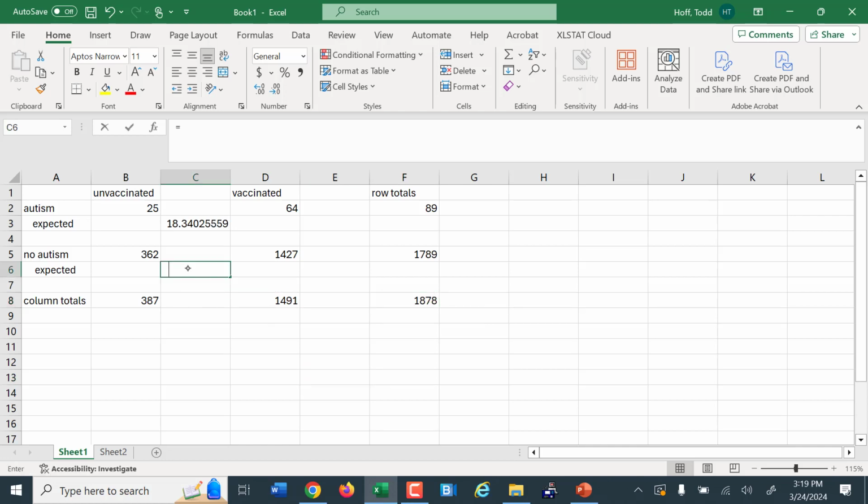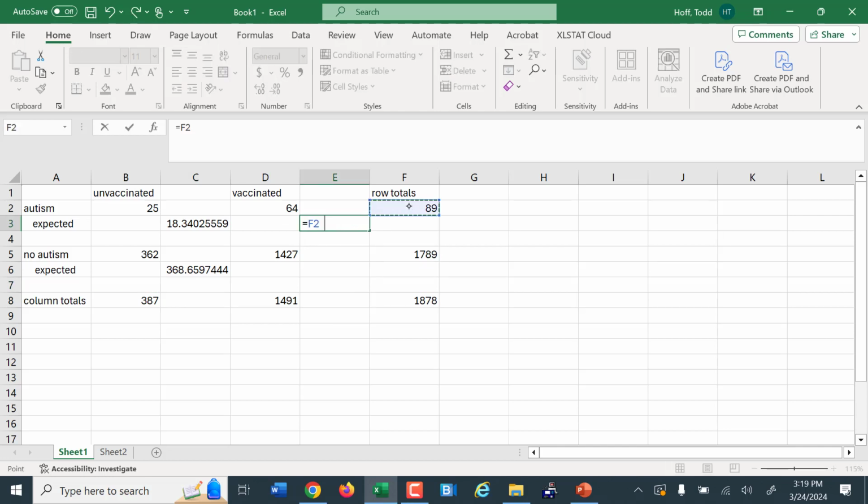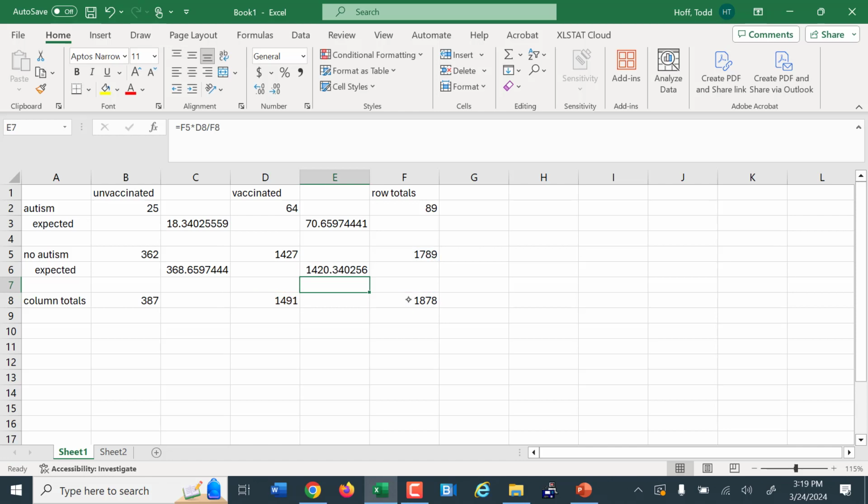This expected value is going to equal the row total times the column total divided by the grand total. And we'll do the same here. Equals row times, now we're looking at this column, still divided by the grand total. And here, row total times column total divided by the grand total. Now, all those expected values are bigger than 5, so we're good to go.